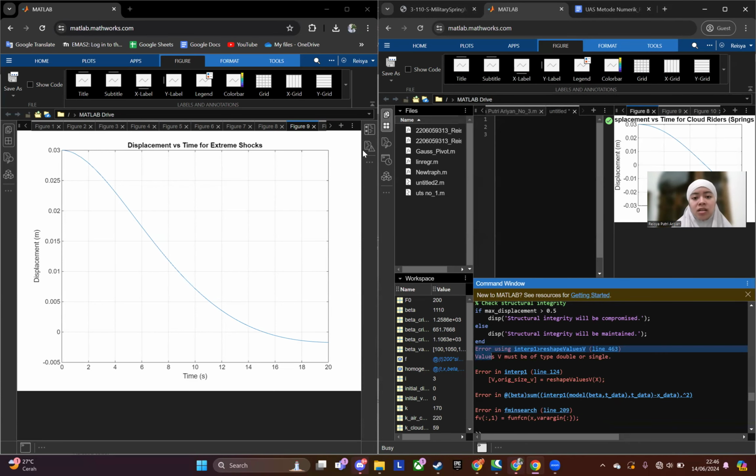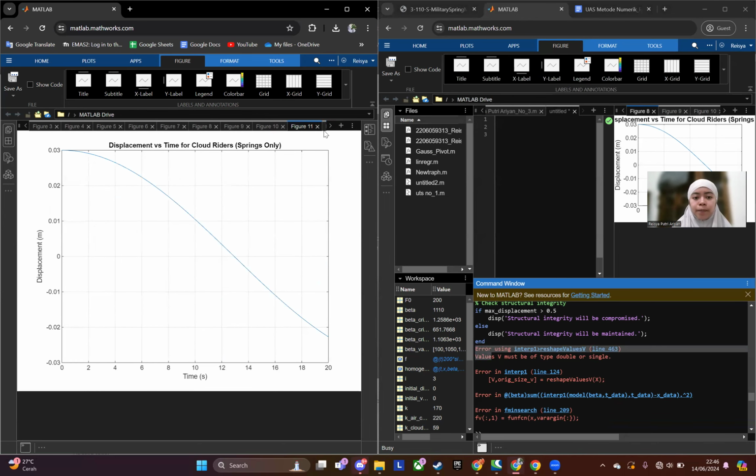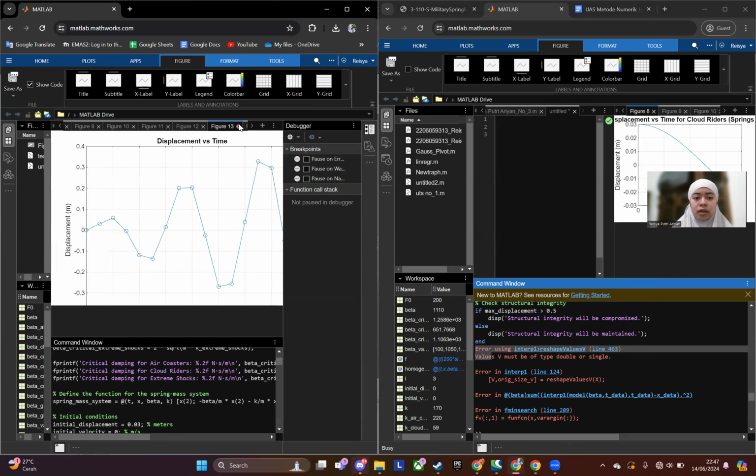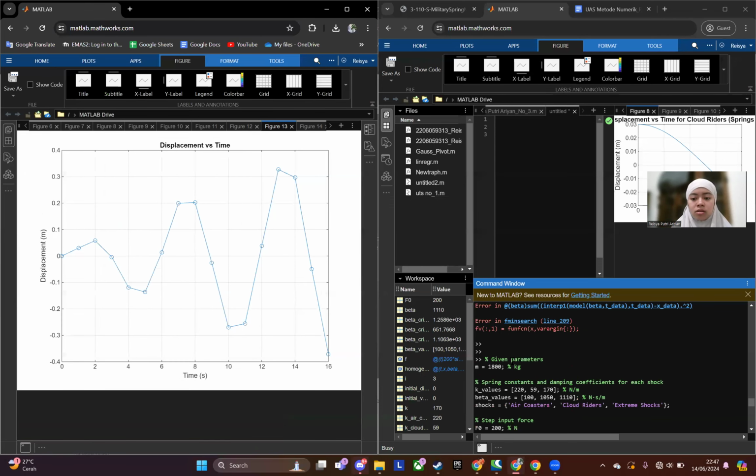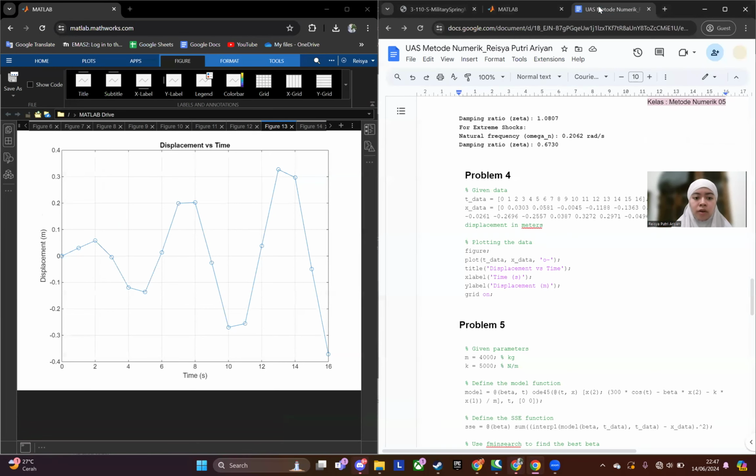So I think it's not really an actual result, in my opinion, because it's not a good result, and this is the graph for problem 4. So I can describe it more.